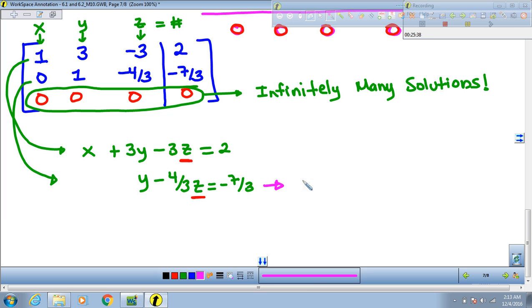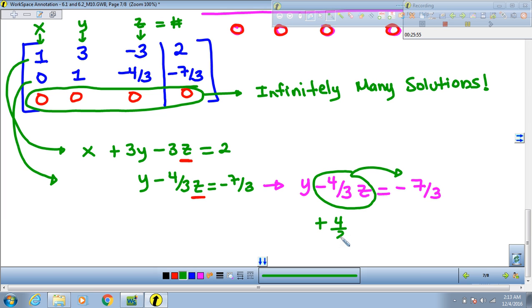So how do I solve for y? Well, all you have to do is move this term to the other side. So if it is minus 4 over 3z, do plus 4 over 3z on both sides.